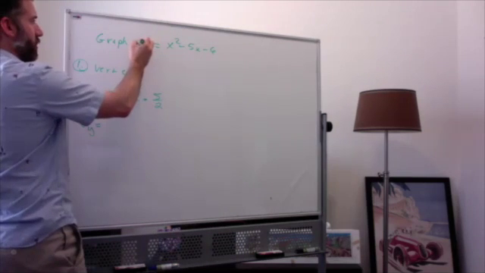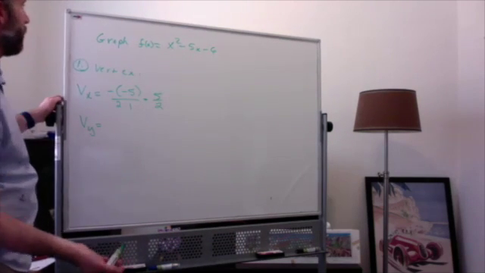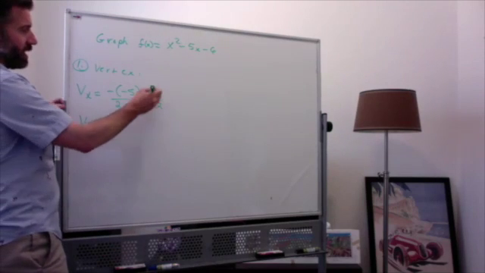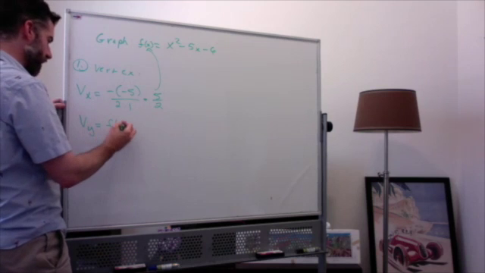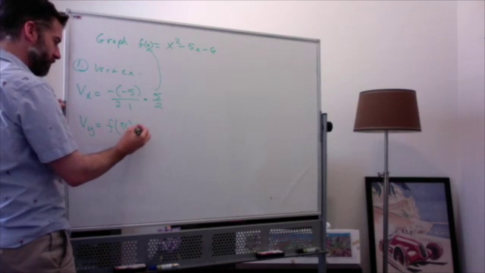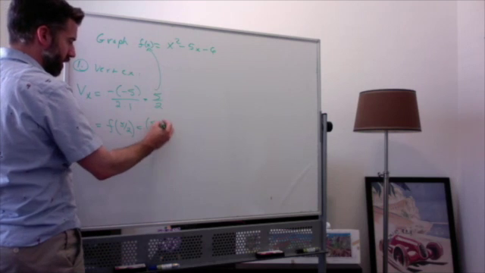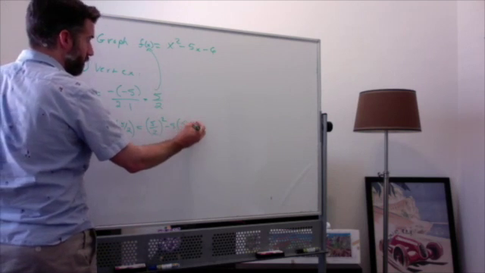I can call this f(x). Same idea. Then I find the y-coordinate of the vertex by plugging in 5/2 for x. So that's going to be f(5/2), and I'm just putting this in: (5/2)² - 5 times 5/2 - 6.